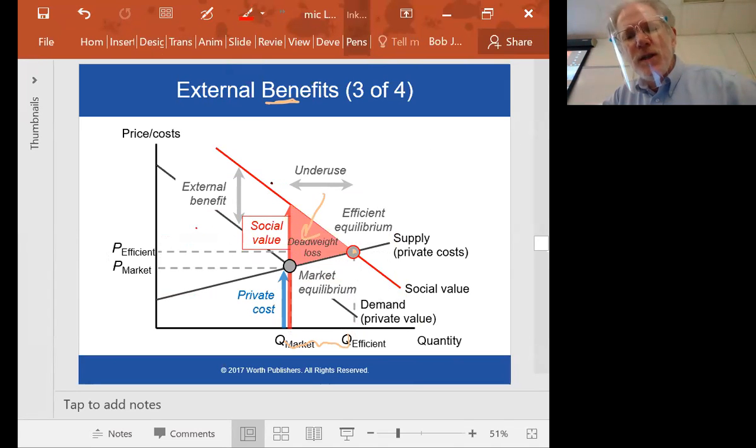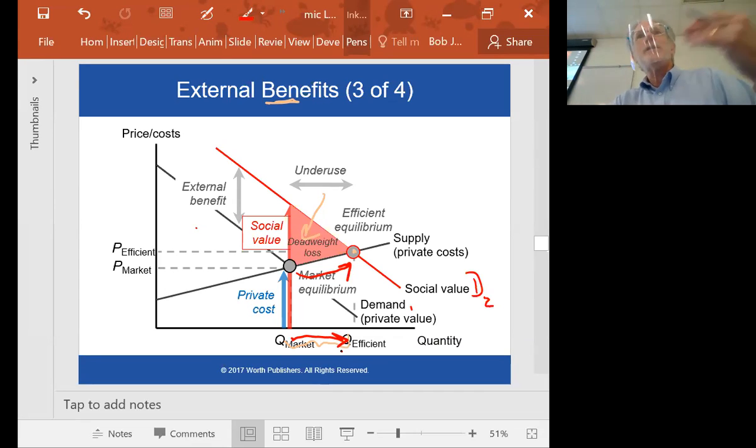The subsidy shifts the demand curve up so that whereas this was the original demand curve, now with the subsidy, the new demand curve is the same as the social value curve. And so when the demand curve is here, the new equilibrium is here, which means the market outcome is going to be the efficient outcome.